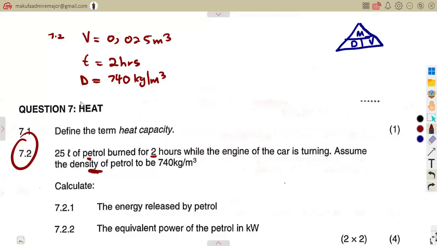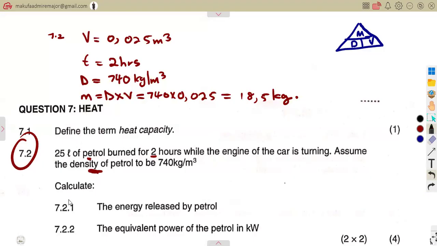So it follows that the mass is the density times the volume. So this density of 740 times the volume of 0.025 gives us the mass of this petrol, and that is something like 18.5 kilograms.